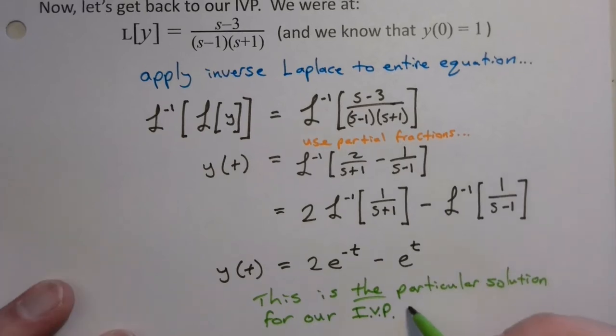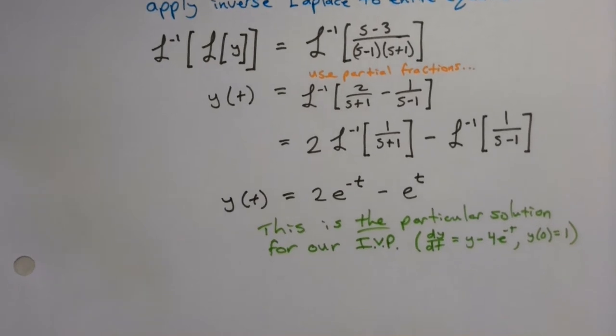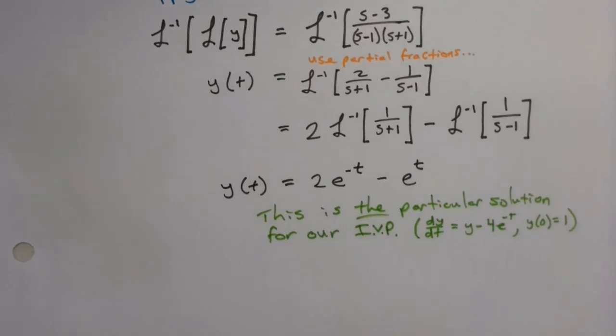And specifically, that's our DE, which was dy/dt. Let me flip back a couple of pages to remind myself. dy/dt equals y minus 4e to the minus t, where y of 0 equals 1. That was our initial value problem. So that is the particular solution for that initial value problem.